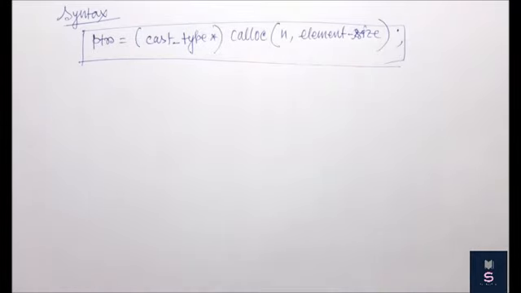Whenever we use the malloc function, the bytes allocated by malloc have not been initialized with a default value. But calloc initializes each block with a default value of 0.